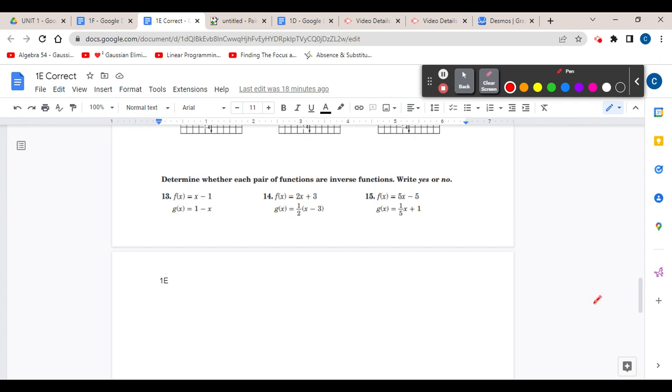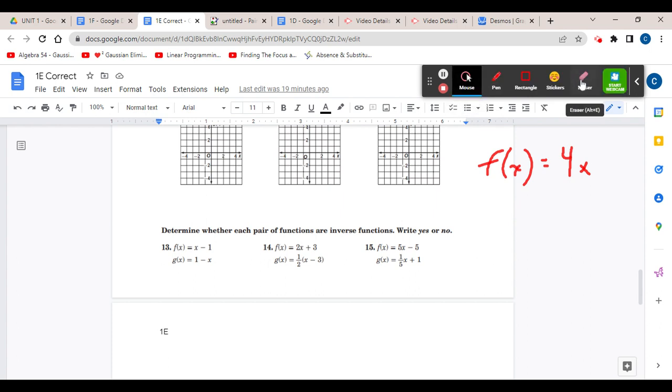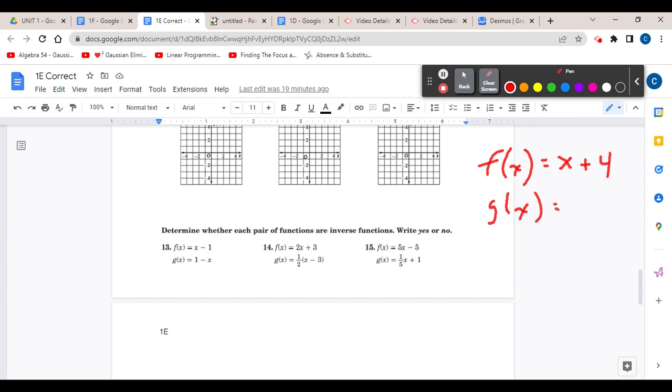So let's say, for instance, just an example I'm going to do off to the side here. Let's say we have f of x equals x plus 4, and g of x equals x minus 4. We want to see if they're inverses of each other.